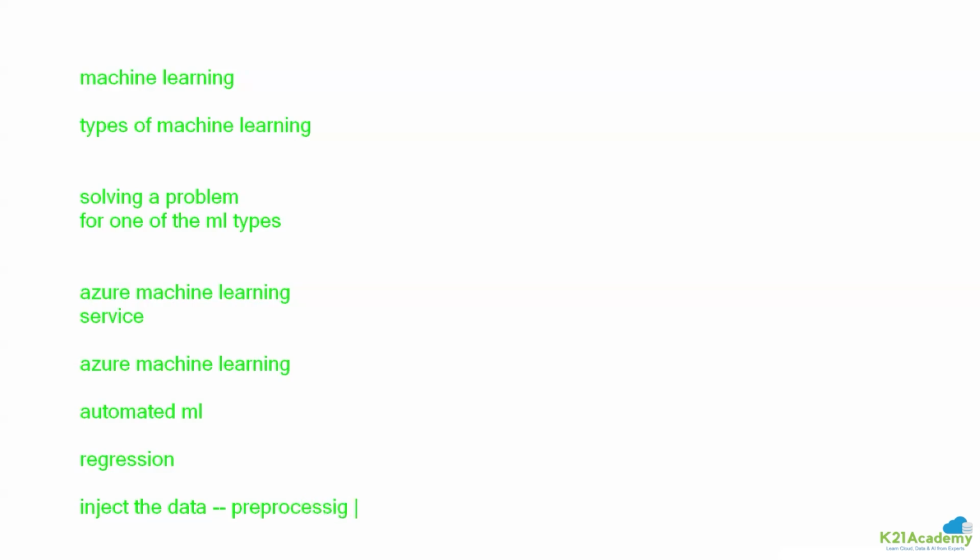After pre-processing, we will be training the model. After training the model, we will also see the performance of the model, evaluating the model performance. After that, we will register the model. Basically, you can say we will save the model on cloud.